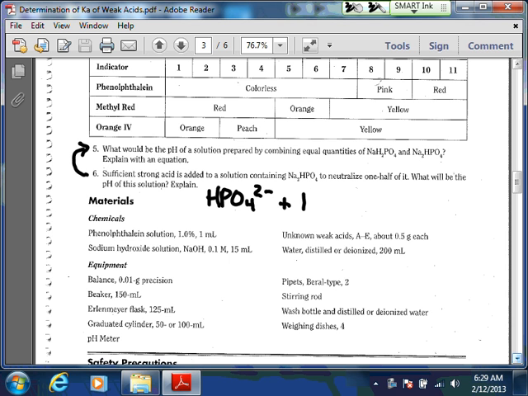Actually, we have to take that back because we're adding strong acid to it. So that's actually going to end up changing into H2PO4 minus here.